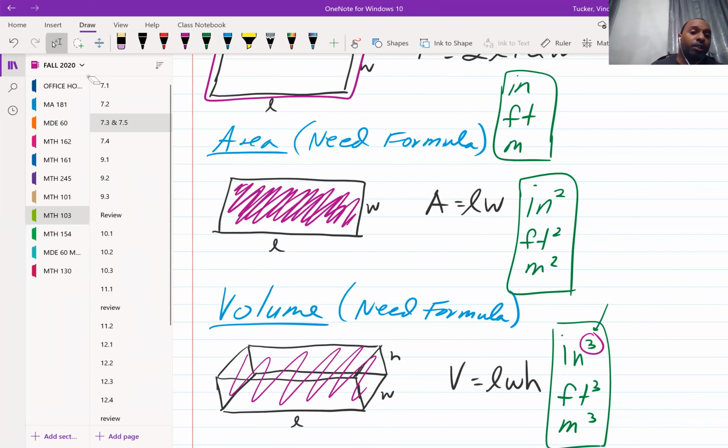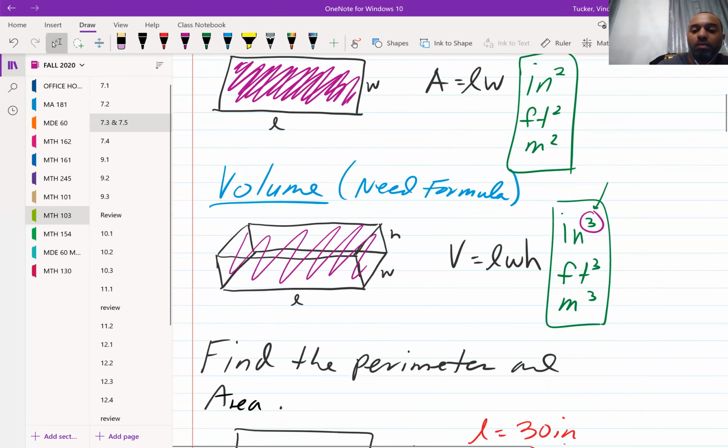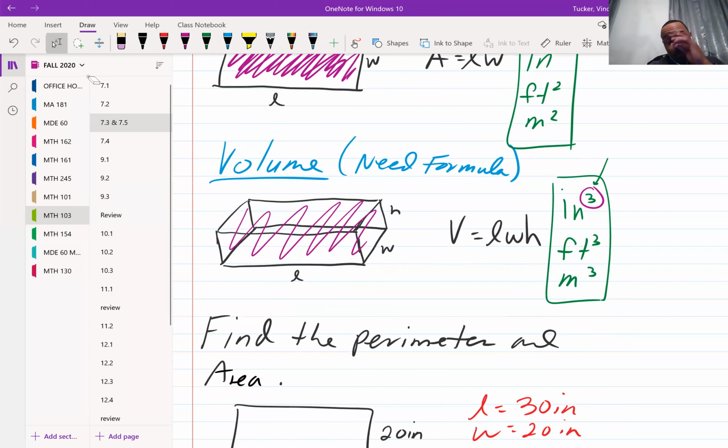Questions on the differences between the three? All right. So from there, it's just basically using the proper formulas.